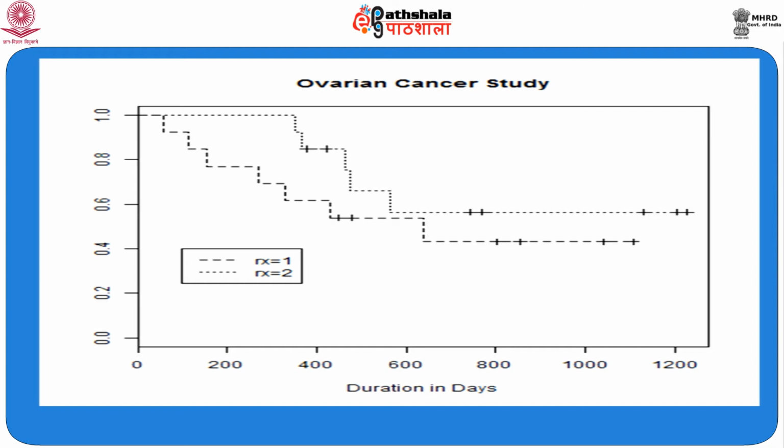So it can be concluded that in the study the Rx2 treated group has better survival in comparison to the Rx1 treated group. They have 50% survival at the end of 1200 days, whereas only 40% survival was observed for Rx1 at nearly the end of 1000 days.